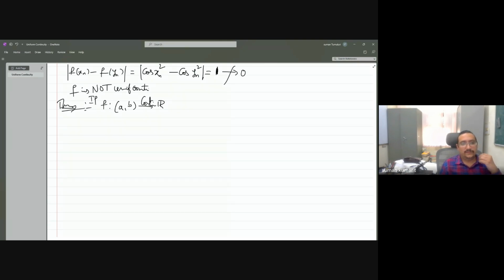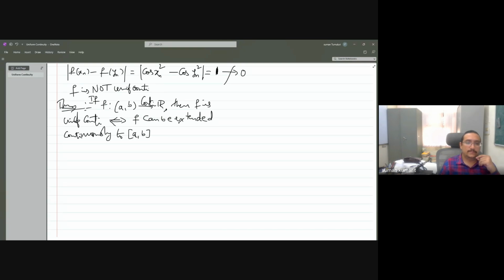If f is a continuous function like this, then f is uniformly continuous if and only if f can be extended continuously to the closed interval AB. So if it is only one-sided, then I just want to extend it further.